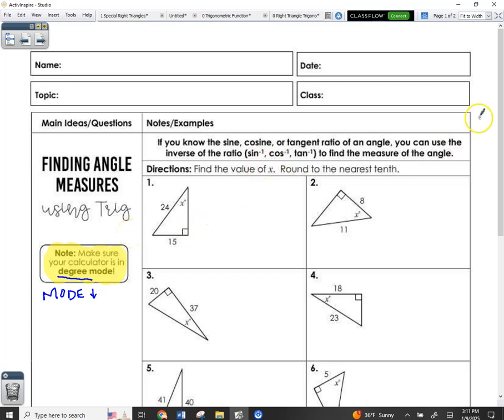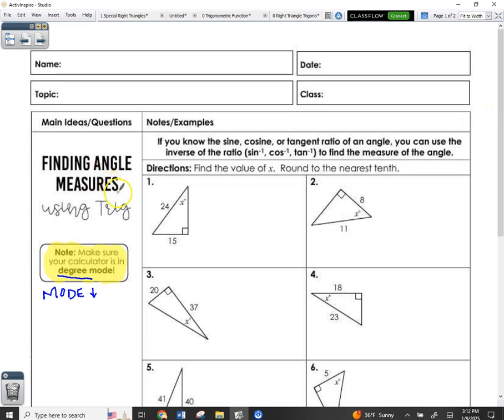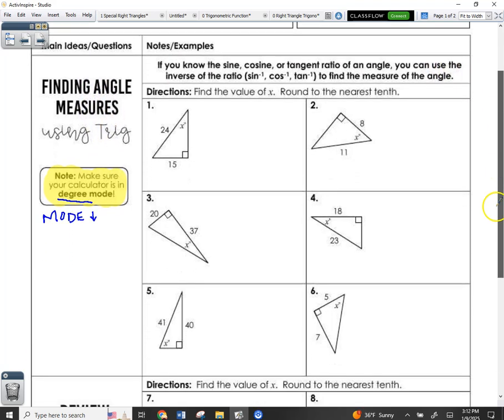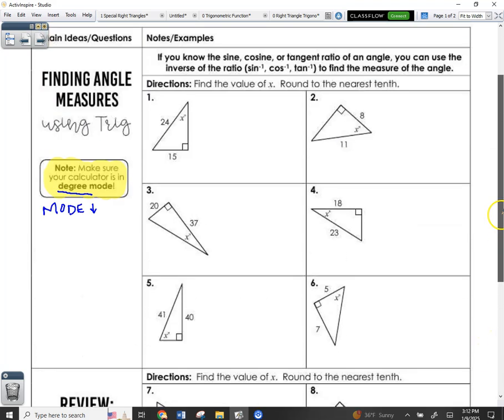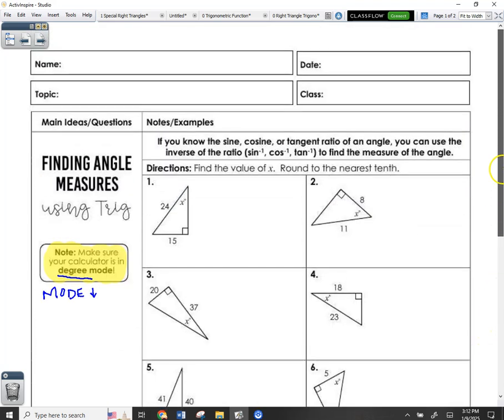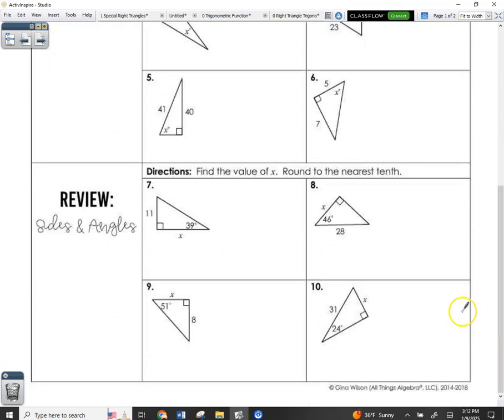All right, so this whole paper is showing you how to use trig to solve for a missing side or a missing angle. Sides and angles.